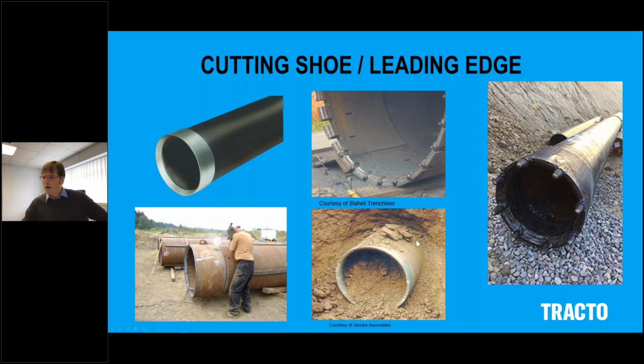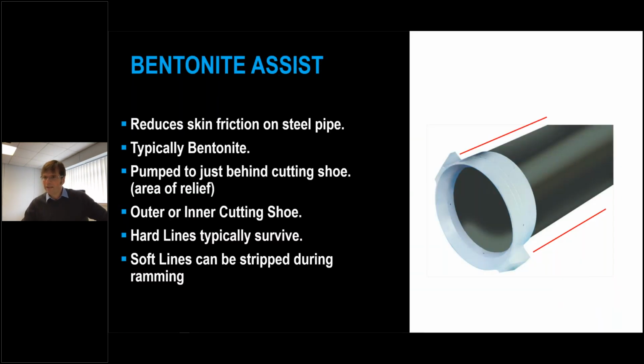When you are thinking about longer distances, you may want to consider reducing the skin friction of the pipe during the ramming process, and that is where Bentonite Assist comes in. So Bentonite lends itself not only to HDD drilling, but also to the ramming process.